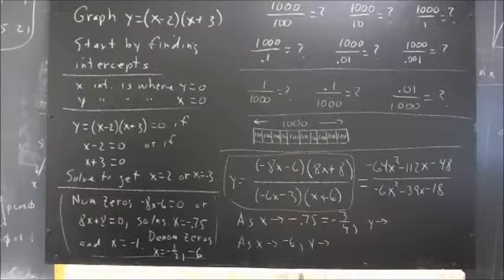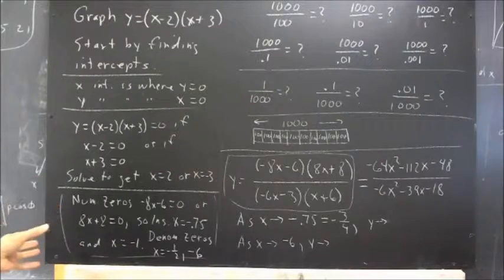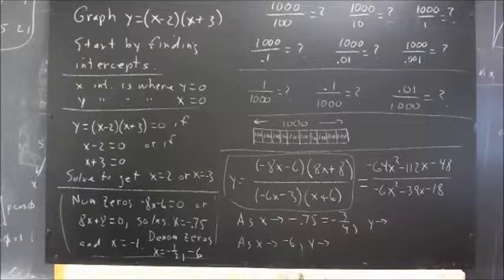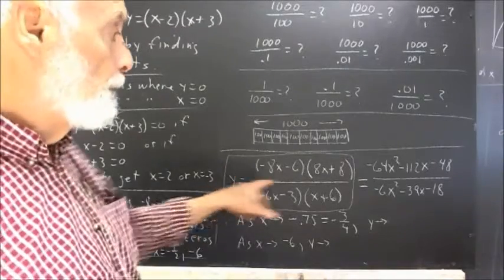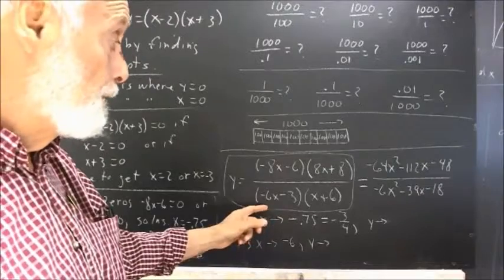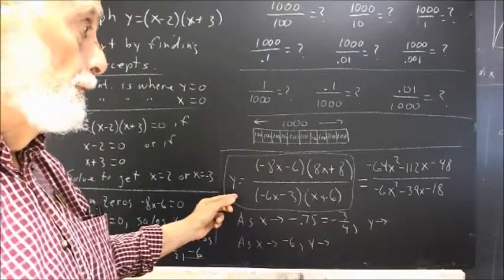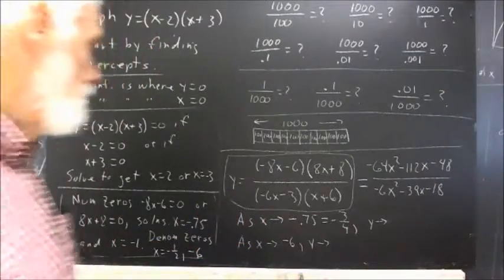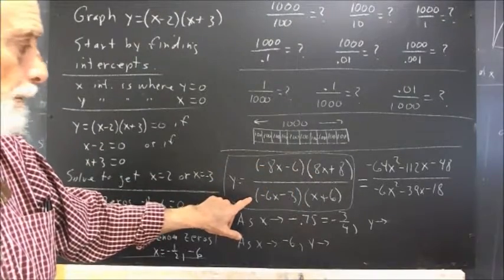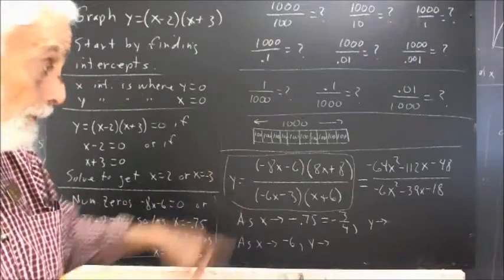Now, we ran into some problems interpreting what happens when the numerator is 0 or close to 0, when the denominator is close to 0. So it should be clear that if the numerator is 0, then unless the denominator happens to also be 0, the y value is 0. So numerator 0 implies the y value is 0.